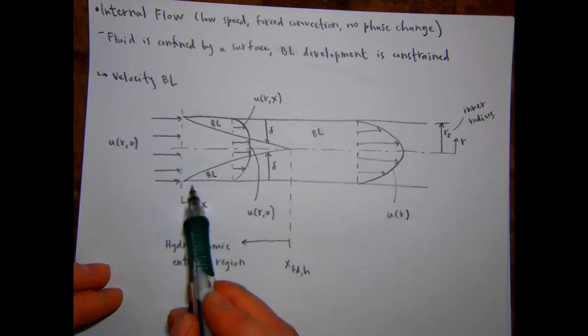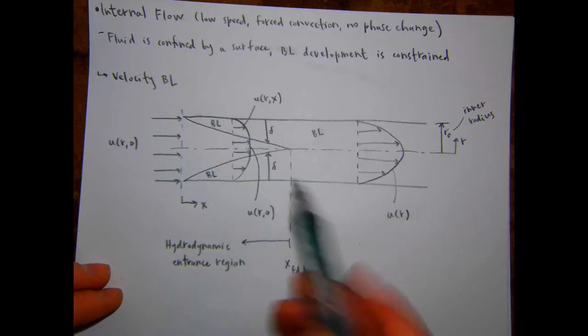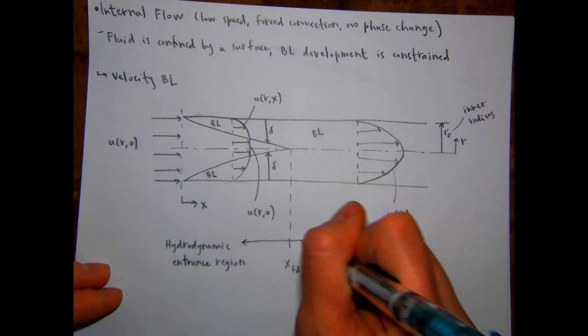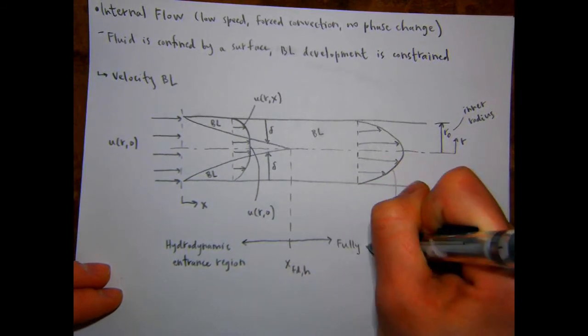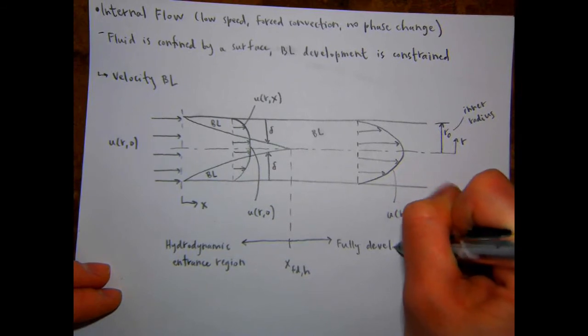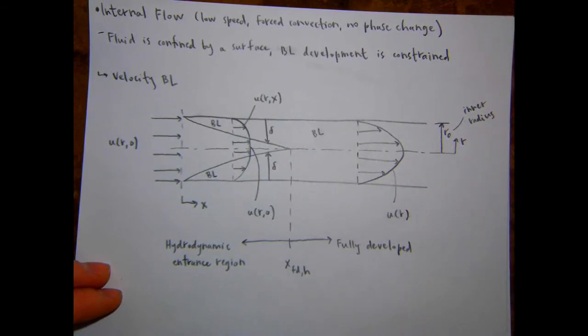So the boundary layer is still developing up to this point. And then after they merge, the flow is fully developed. So that's the key distinction there, after it becomes fully developed, it doesn't change anymore with x. So the profile stays the same.